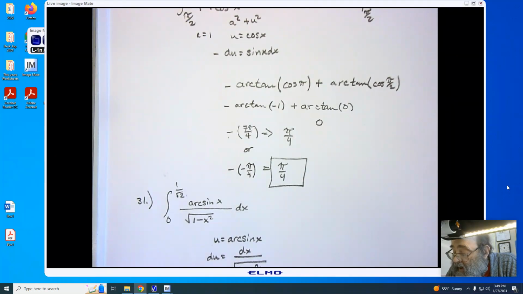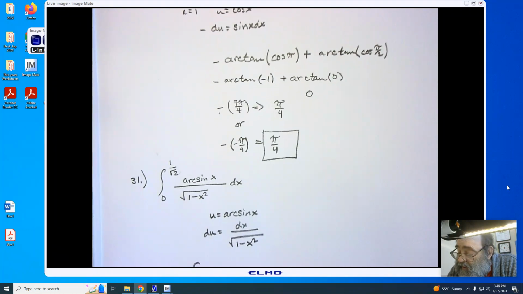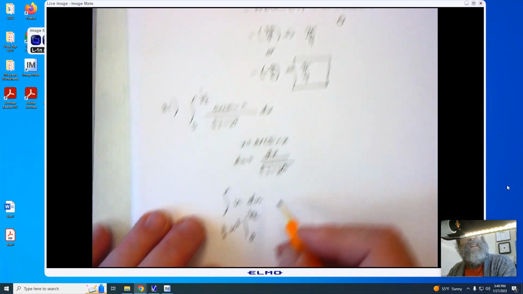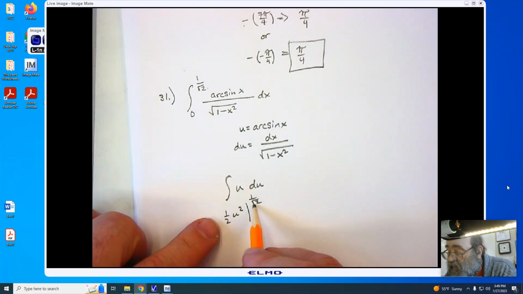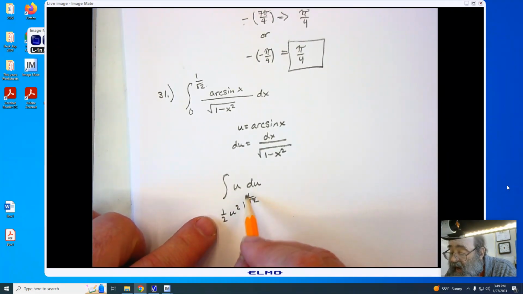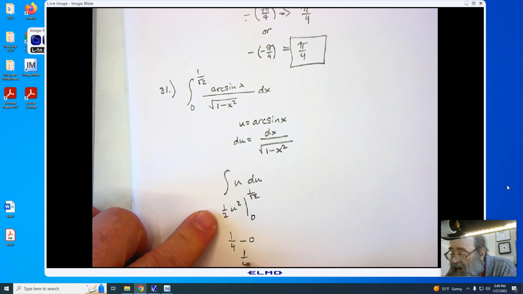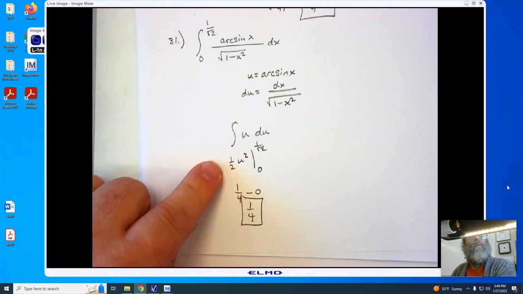So I have the integration of u and I have du, and this is going to give me 1/2 u squared, and I'm going from 0 to 1 over root 2. Plugging in the 1 over root 2, I'm going to have 1 over root 2 squared is 1 over 2 for 1/4 minus 0, and my answer is 1/4.